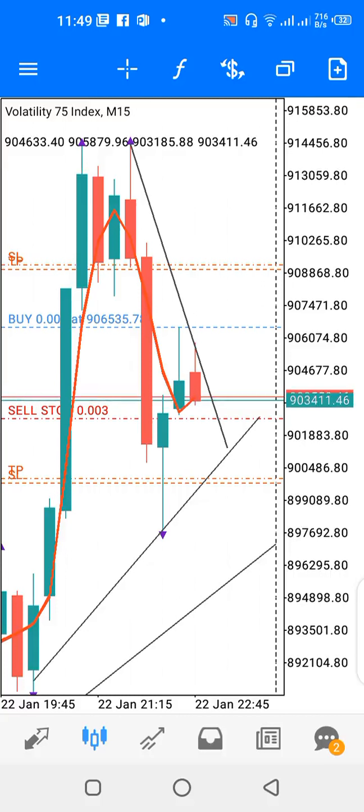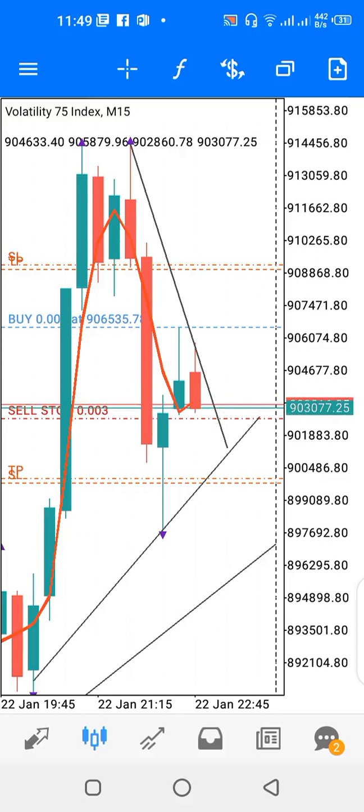You can use it to trade gold, XAU USD. You can use it to trade EUR USD. You can use it to trade GBP USD. You can use it to trade forex. But you can't use this Grail Hedge strategy to trade spike-related indices like Boom and Crash, or Range Break index.